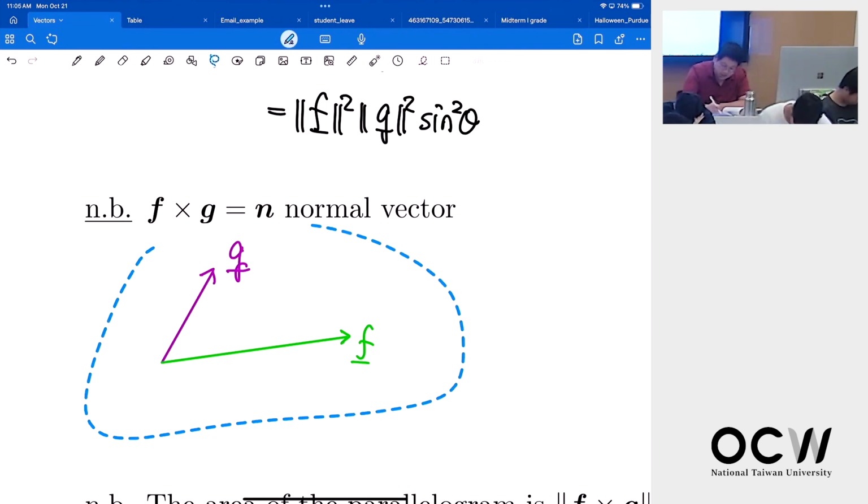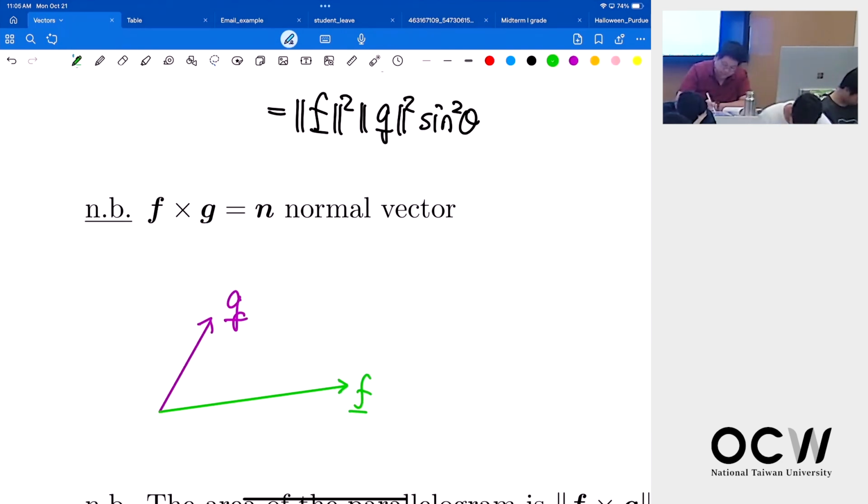Then I have the normal vector n. N could be orthogonal to both vectors, and f cross g.